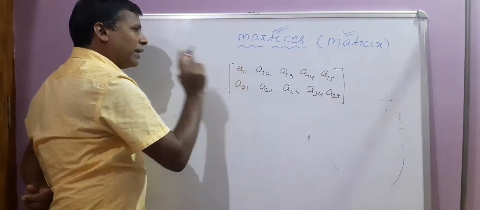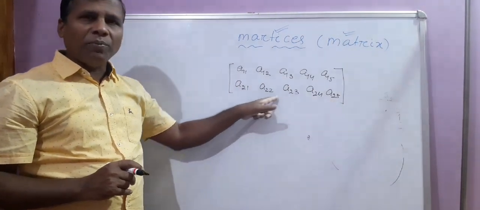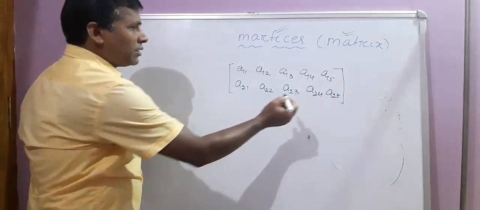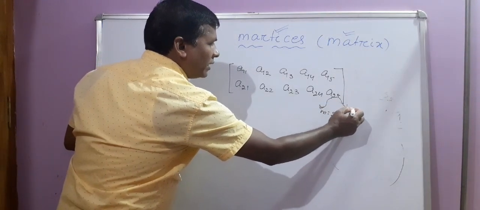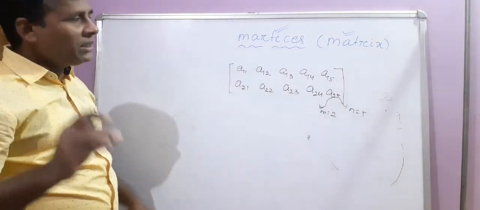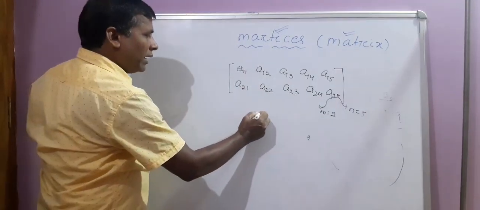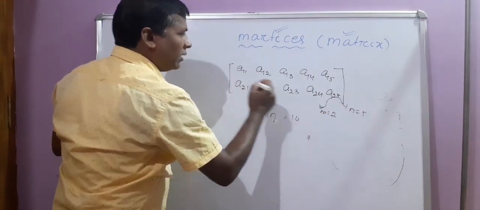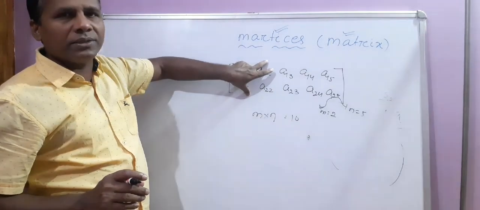This is a system of arrangement. Each row contains 5 elements or entries. In this case, M is equal to 2 and N is equal to 5. The number of elements in the given matrix is M cross N, that is 2 into 5 is equal to 10. There are 10 entries in the given matrix.